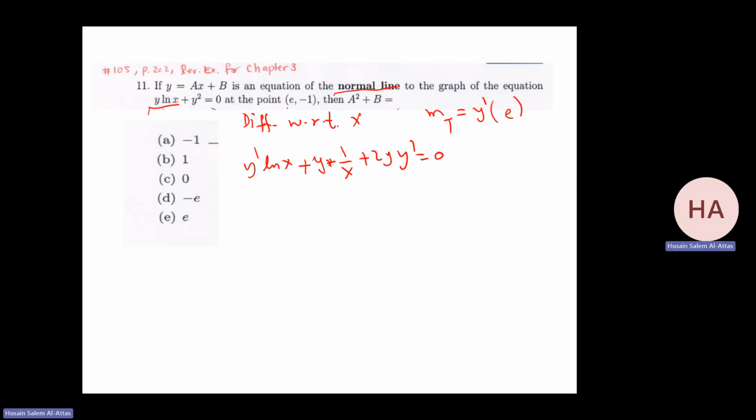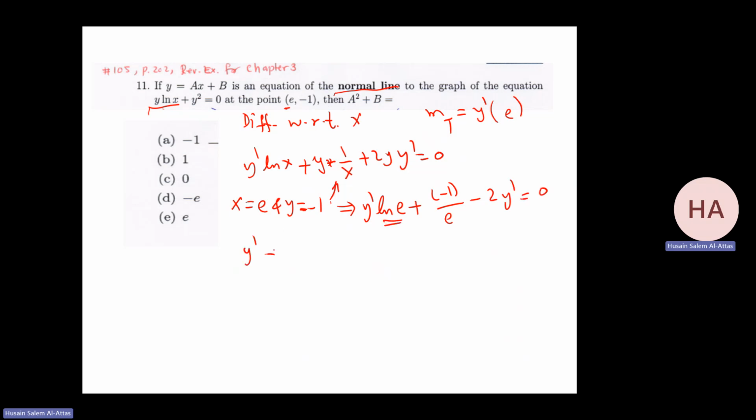I have x equals e, and y equals minus 1. Plug it in, so I get y prime ln e plus minus 1 over e plus minus 2 y prime equals 0. ln e is 1.